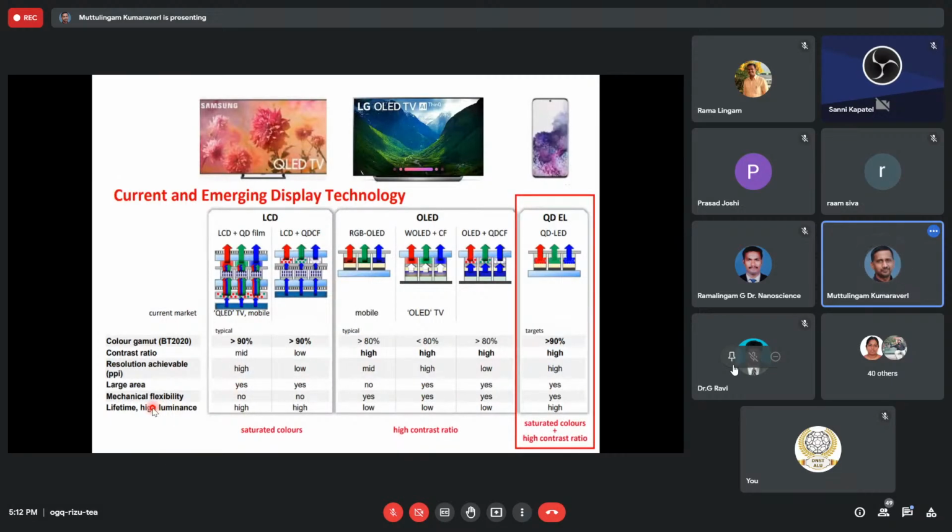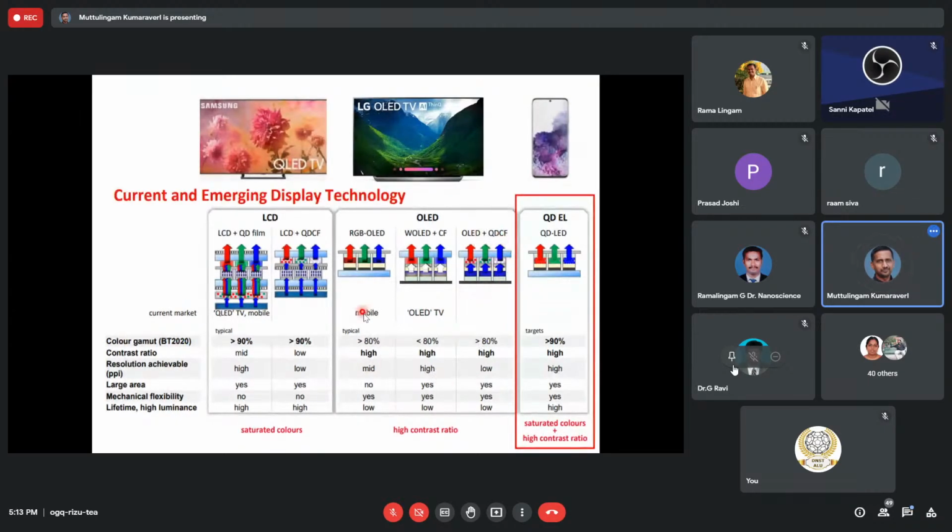The color gamut BT.2020, the REC 2020, they could achieve more than 90% for this. But in OLED TV, the OLED on its own uses white OLED with the color filter. This is OLED with quantum dot color filter, which LG is mostly trying.